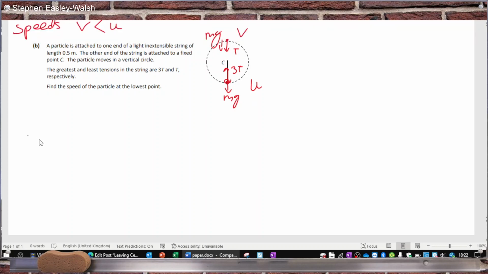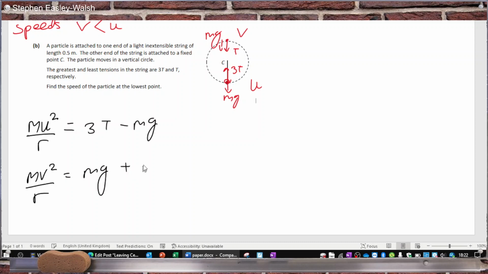So, at its lowest point, the centripetal force is mu squared over r, and that will equal 3T minus mg. And at its highest point, the centripetal force, mv squared over r, is caused by the mg plus T. I will multiply this by 3, and I shall subtract.